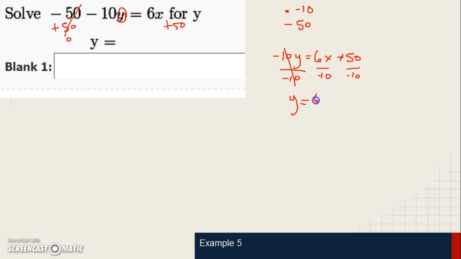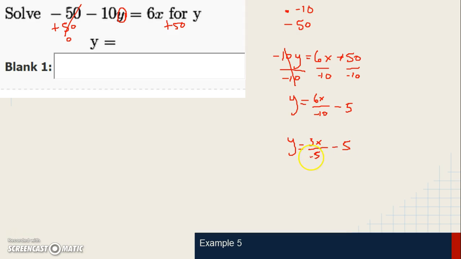I have 6x divided by negative 10. And I have 50 divided by negative 10 is negative 5. And then I can reduce this. So y is equal to, 2 goes into 6 3 times, 2 goes into 10 5 times, negative 5, minus 5.